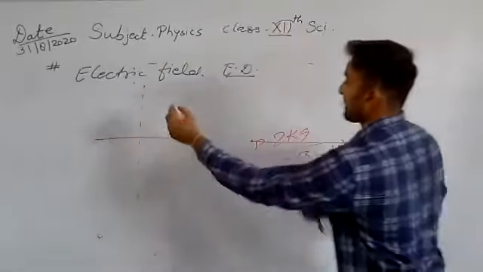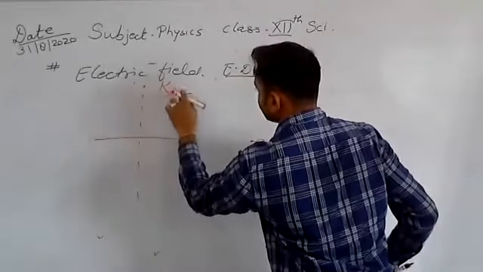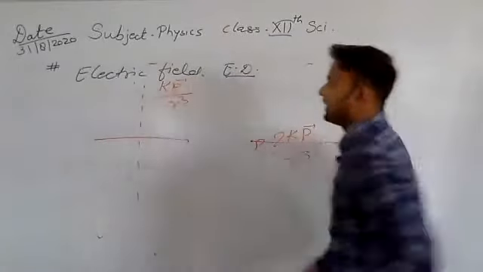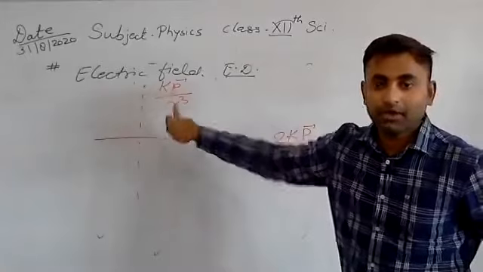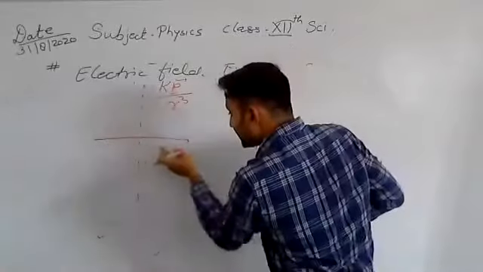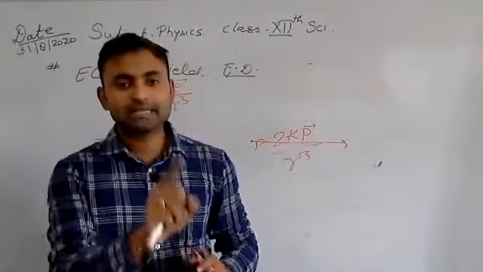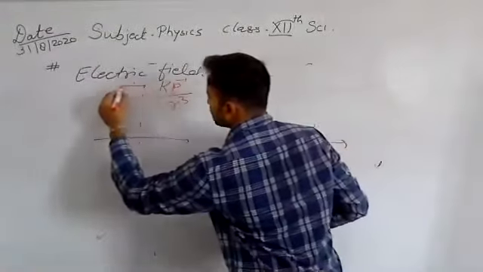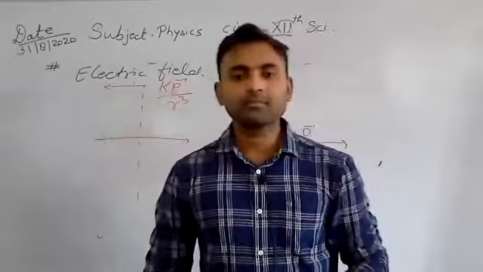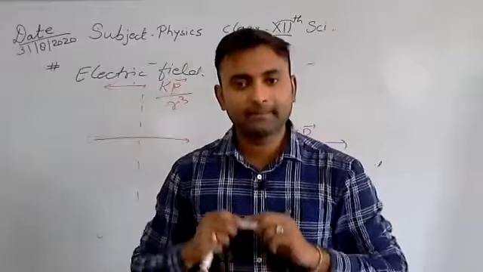It will be kp by r cube, not q, it is p, the dipole moment vector. And its direction will be anti-parallel to the dipole moment's direction. Anti-parallel means this direction. This much you know? Or do I need to explain it again?